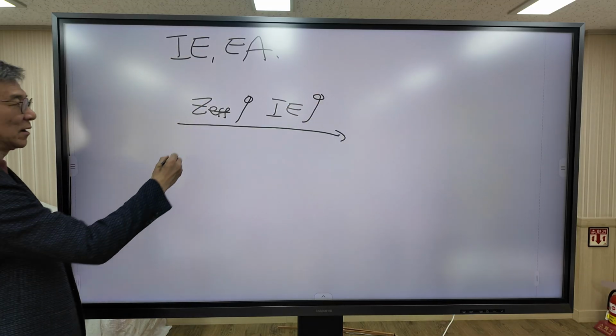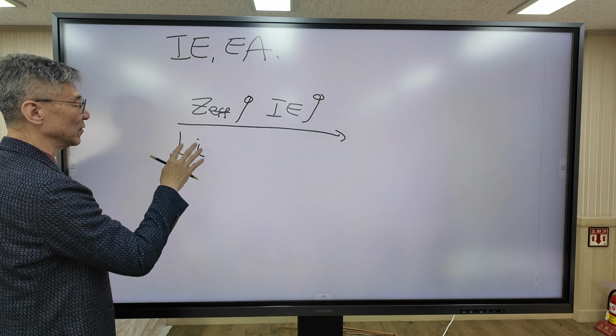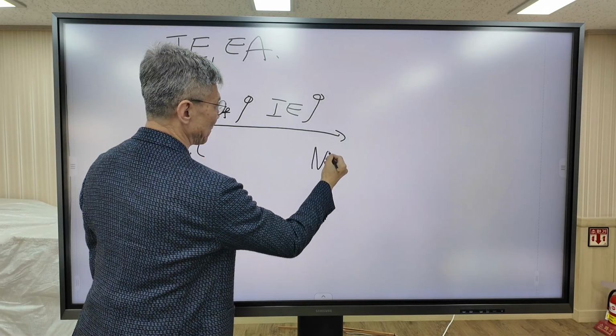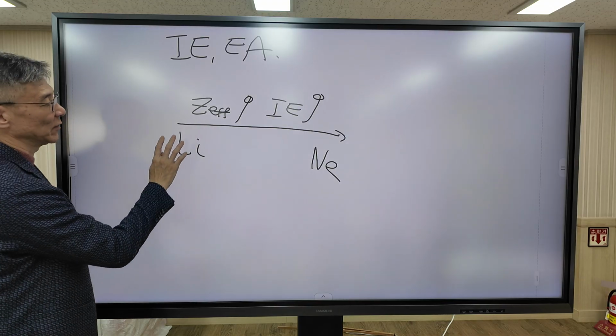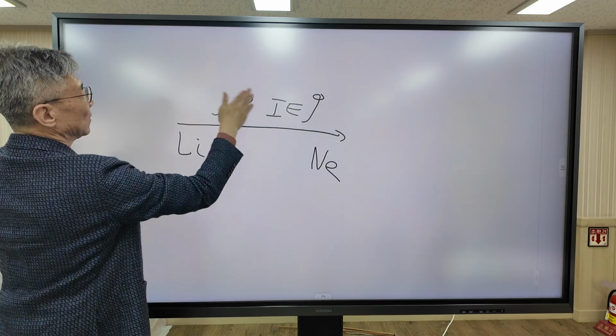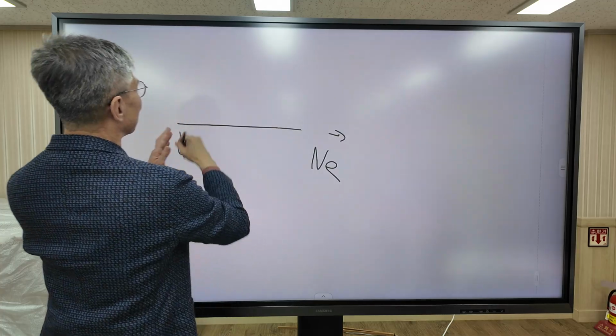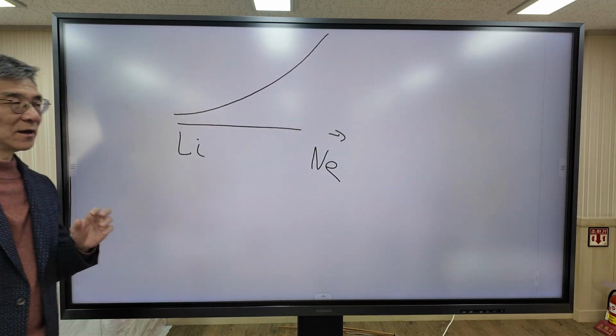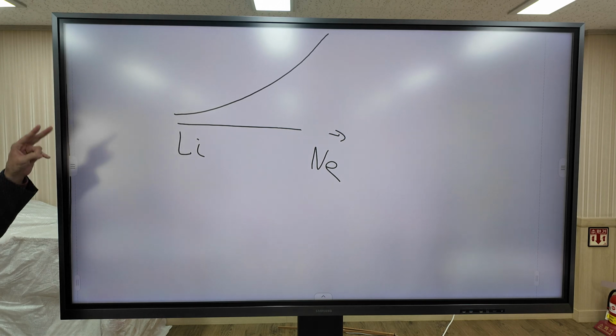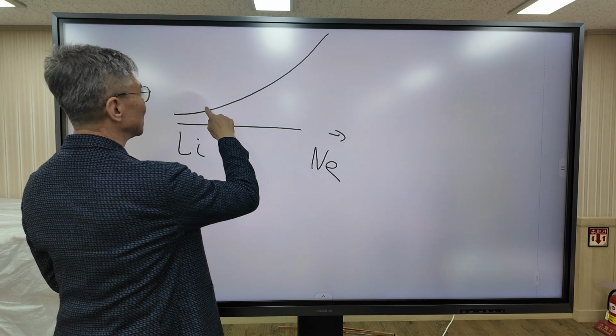As an example, here in the second period, lithium to neon. When you plot the ionization energy from lithium to neon, it follows a general trend. It generally increases. But there are two exceptions in this graph. There's a kink also.